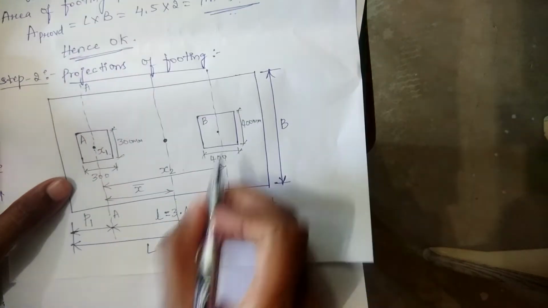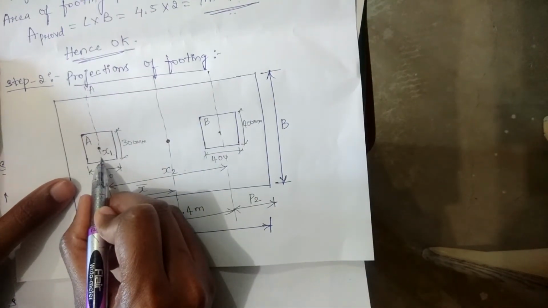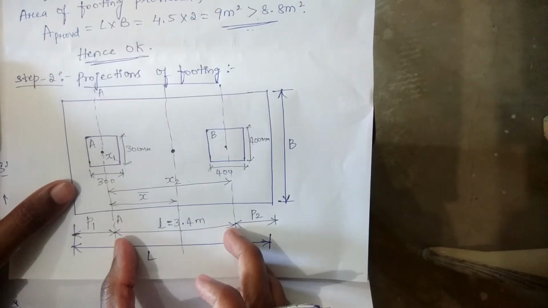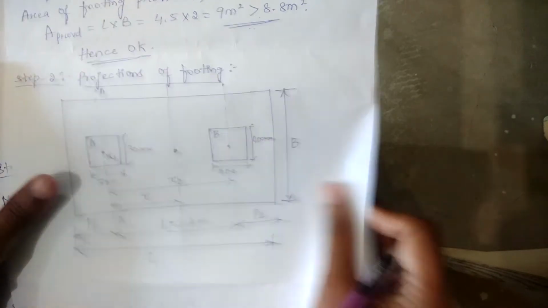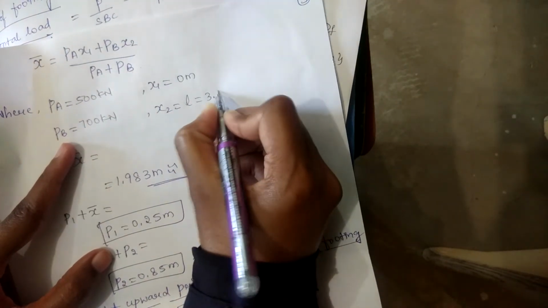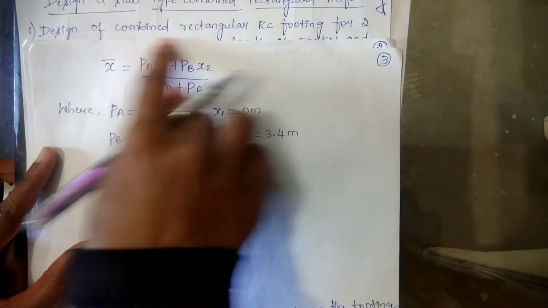Similarly, x2 is taken from the CG of the column B with respect to the reference axis, and this distance is equivalent to distance small l, which is given as 3.4 meter. Hence, you can write x2 is equal to small l, which is equal to 3.4 meter. Now, what do you have to do? You need to substitute all the four values in the above equation.